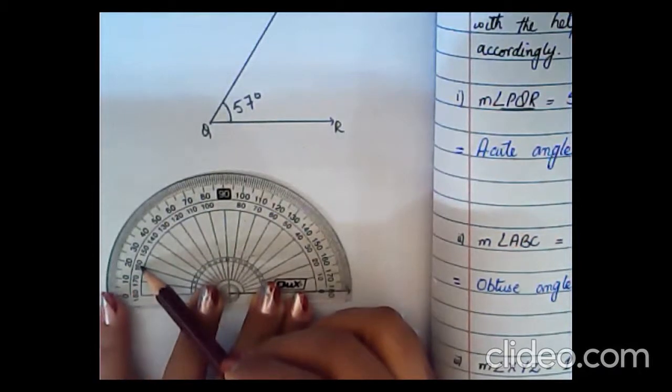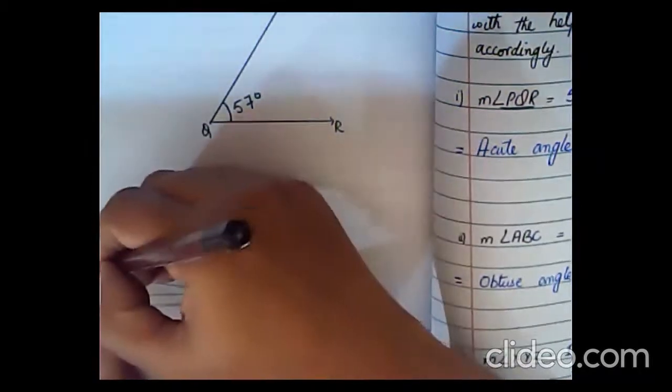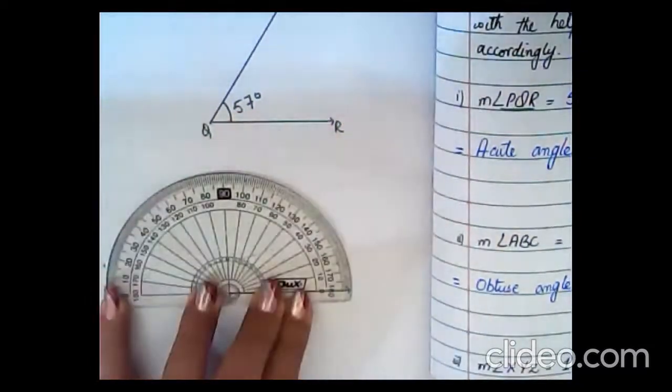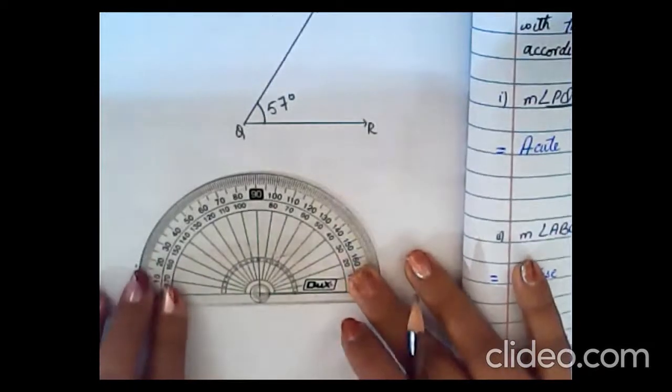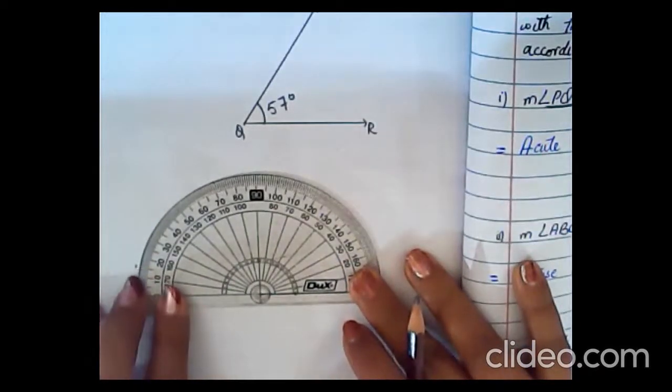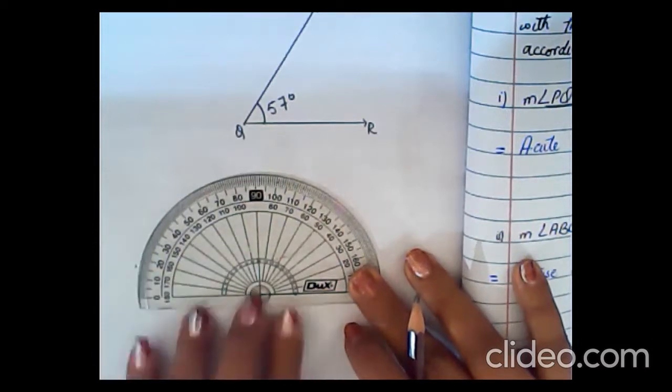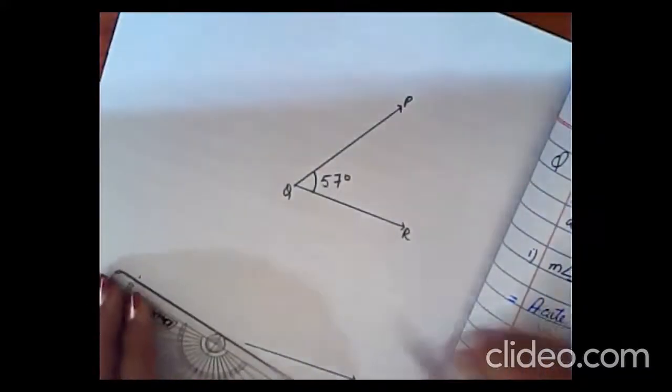This is 160 and this will be 165, in between 160 and 170. So you will join this point with this one, just like this.